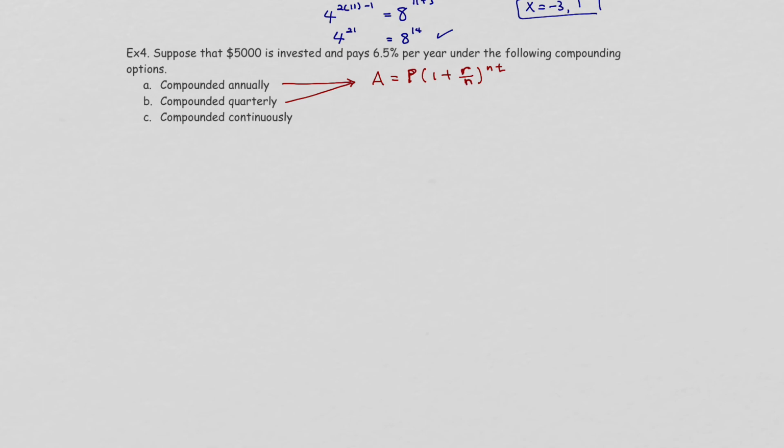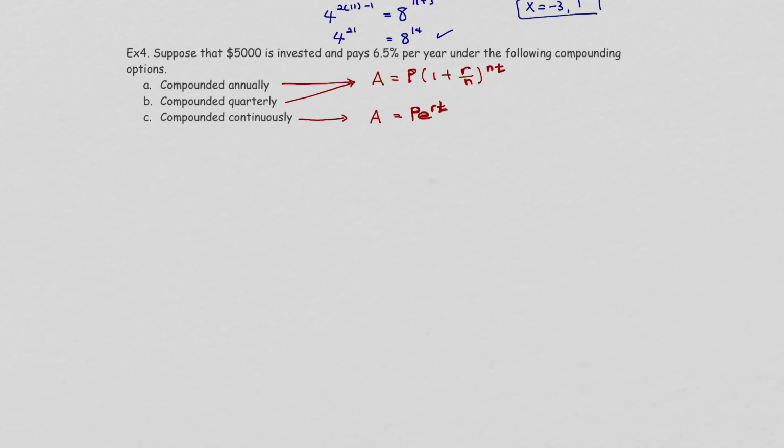N is going to be compounding period. T is time. Okay, so you're going to use that formula for the first two. The continuous compounding interest formula is amount equals principal times e to the rt exponent. Again, P is principal, e is Euler's value, r is rate, t is time.